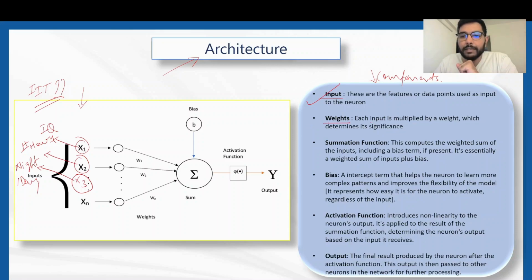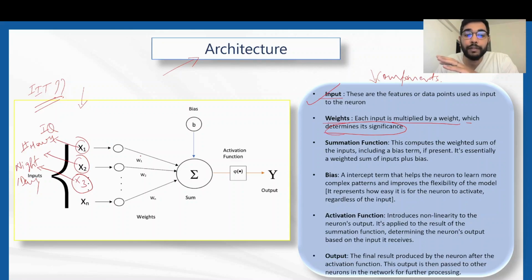Second is the weights. Each input is multiplied by a weight, which determines its significance. So for us to determine if the student will clear IIT, not every feature will have the same importance, right? Some features will have more predictive power as compared to the other features.